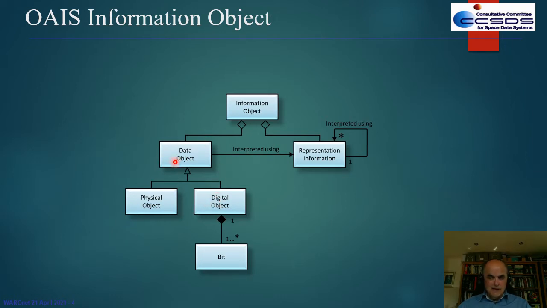By itself, a data object could mean anything. What we need is something that makes it understandable and usable, what OAIS calls an information object. In order to get from a data object to an information object, one must add what OAIS calls representation information.